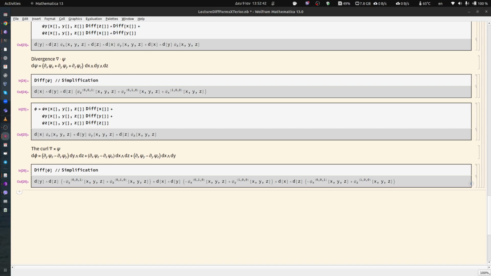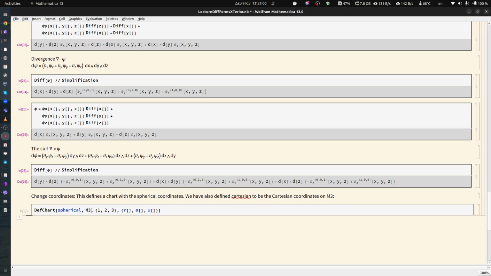Now let's see how to compute a change of coordinates. We have defined Cartesian coordinates. Let's try to write down expressions that involve spherical coordinates. For that, we have to define a new chart.